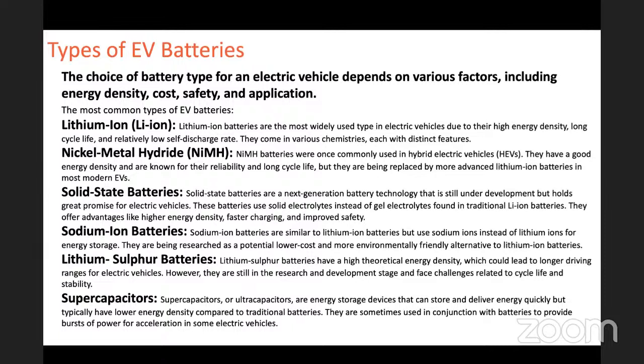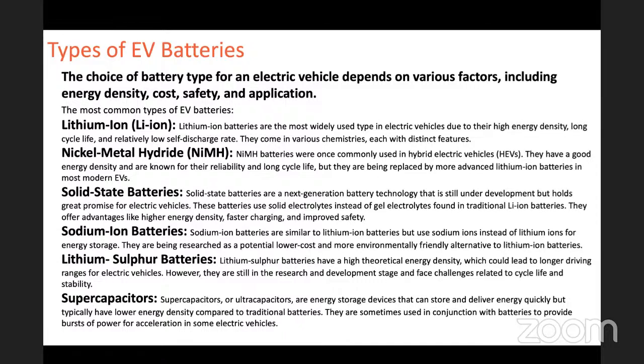Then the sodium-ion batteries are another development happening. Because of the less expensive raw materials or components, sodium-ion batteries will bring in a low-cost battery system, and we hope it would reduce the cost of EVs. Then the lithium-sulfur batteries. These are under development now.